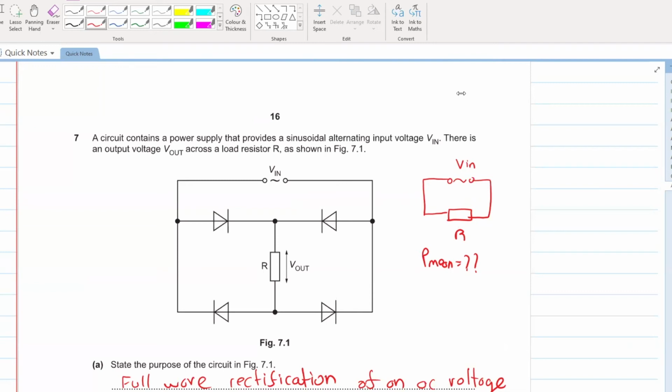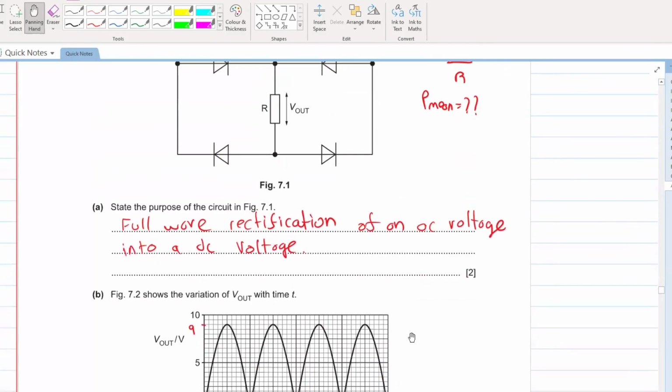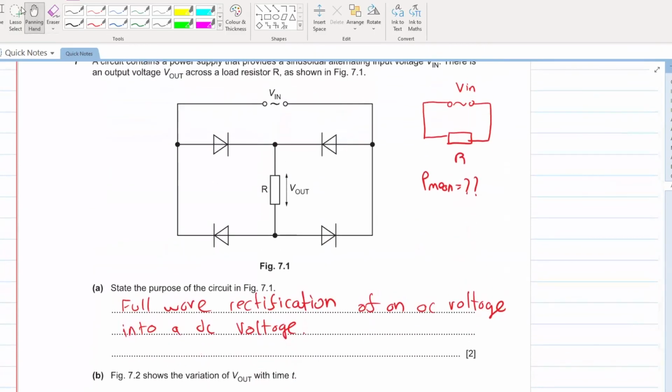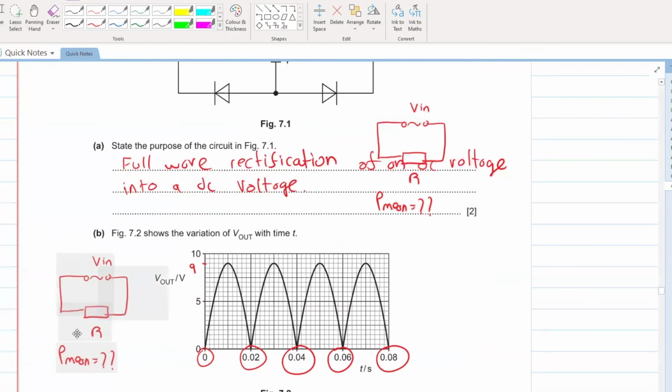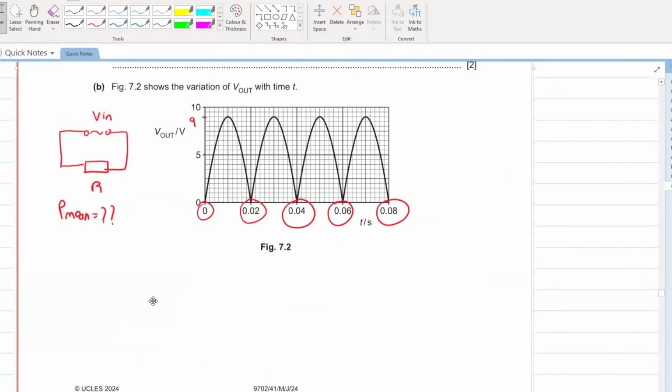Let's see. If you connect the input voltage directly with the resistor, what will happen? Let's bring this circuit here. How will your voltage output graph look?